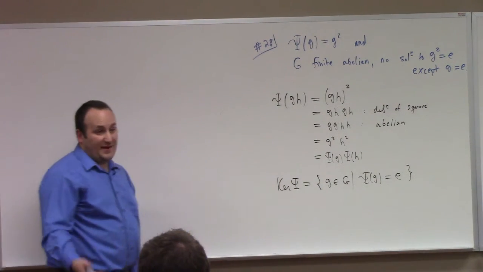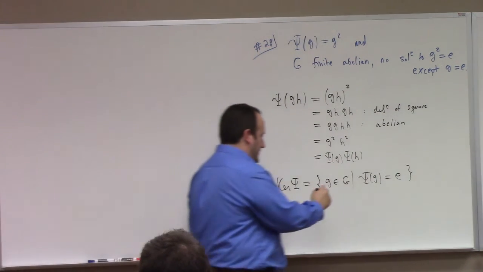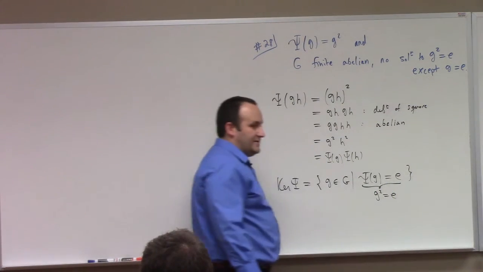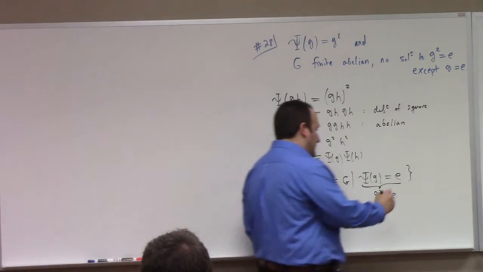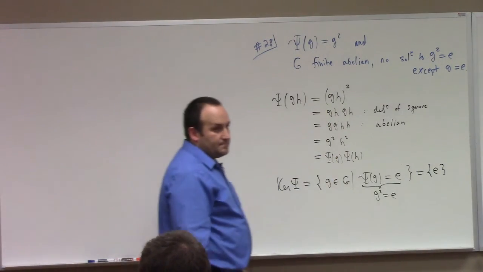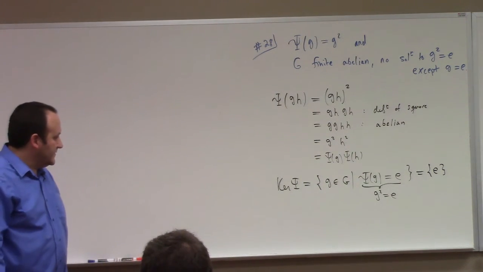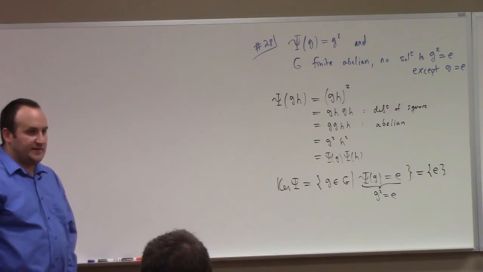But by definition, by assumption, there's no element of order 2, right? So if you look at this, this of course just means what? g squared equals e. So the only way we can satisfy that is for g to be e itself. So it's clear then that the kernel is just the set containing e, which by our theorem implies that psi is injective.